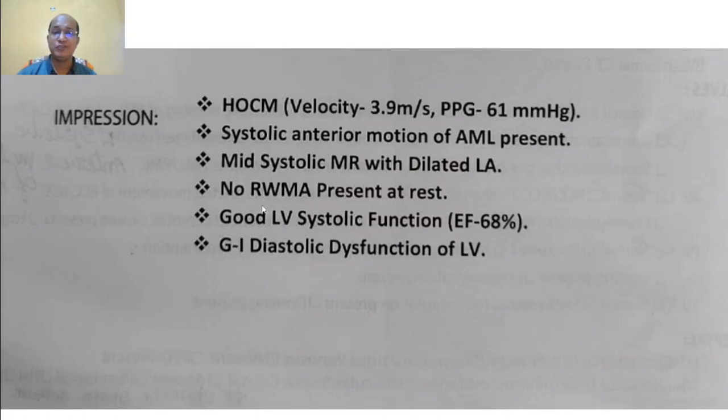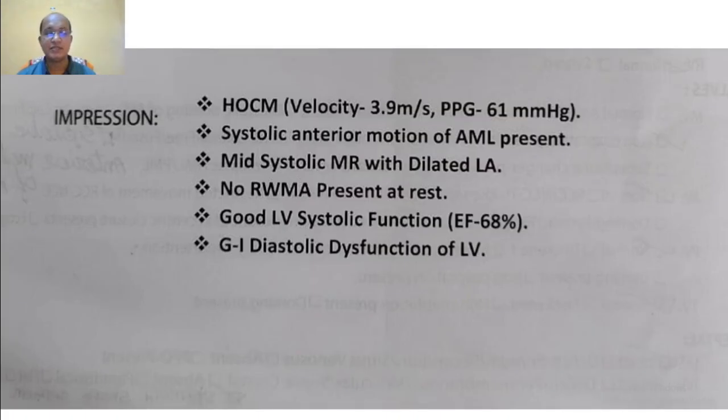And there is no regional wall motion abnormality; although on the ECG there is a strain pattern, there is no definitive sign of ischemia. Good left ventricular systolic function with ejection fraction 68, and so on. So this is a case of HOCM.